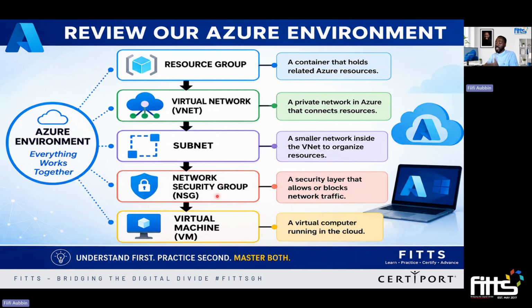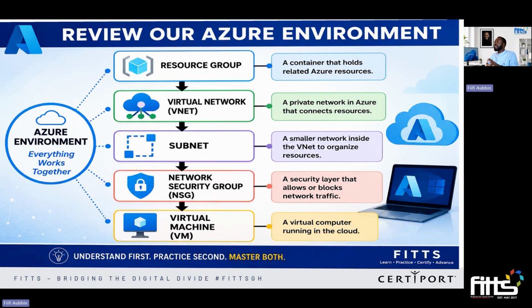Then we looked at our security officer, which is the network security group, a security layer that allows or blocks network traffic, before finally putting our virtual machine inside it, which is a virtual computer running in the cloud. So that is essentially what we've been discussing all along. And I believe it's been impactful so far.